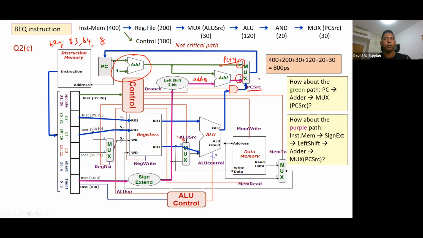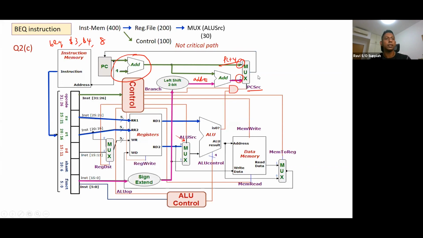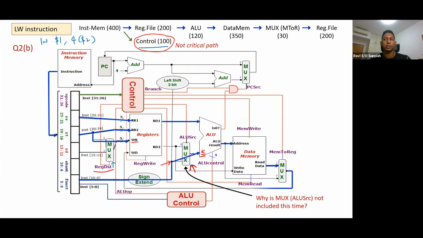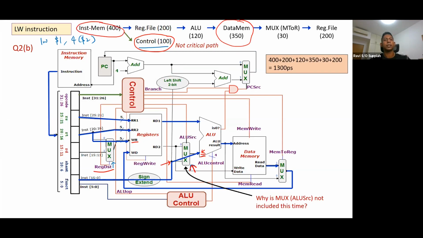Okay, so from this, you can see that the memory access instruction always takes the longest time, because memory has always been the bottleneck of computing systems. If you look at this, instruction memory access and data memory access always take the longest amount of time.